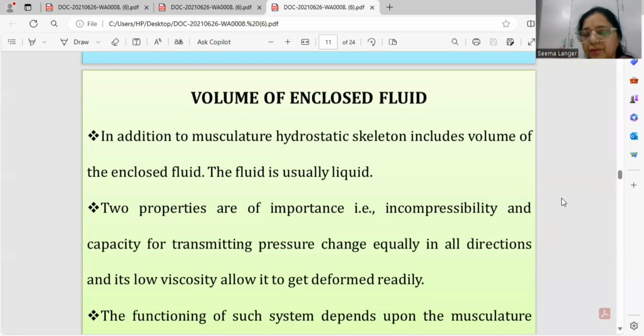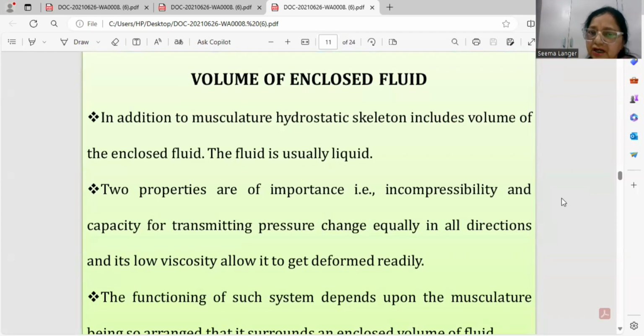Just keep in mind the shape of the body of an earthworm. It is a fluid-filled body; inside it there is fluid, and there is no solid skeleton. It is surrounded by a set of muscles along the diameter, which control the changes in diameter, and another set of muscles arranged longitudinally, which control change in length.